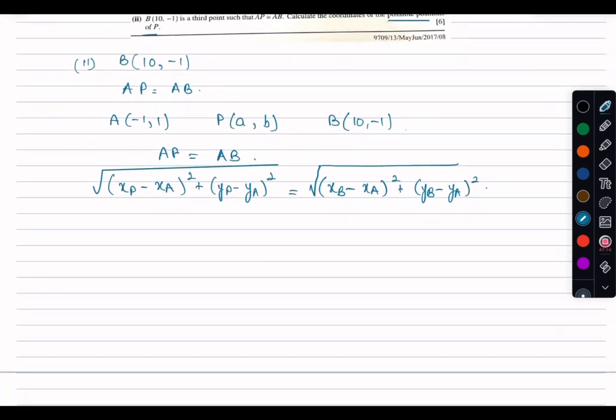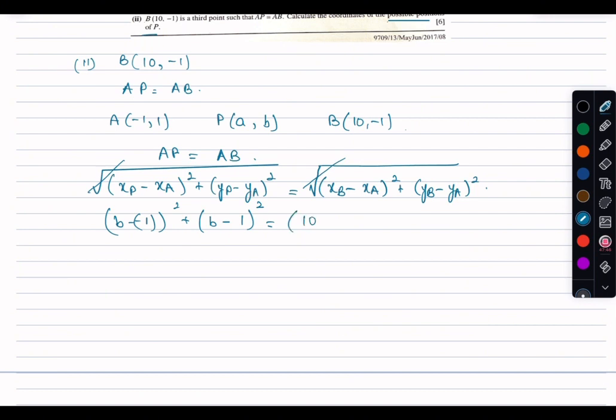So on both the sides we can see the under root sign, which can get eliminated here. Xp minus xa the whole square, I can substitute the values and I can say it's a minus minus 1, and this is the whole square, plus yp, the y coordinate of P is b, and the y coordinate of A is 1, so it's b minus 1 the whole square.